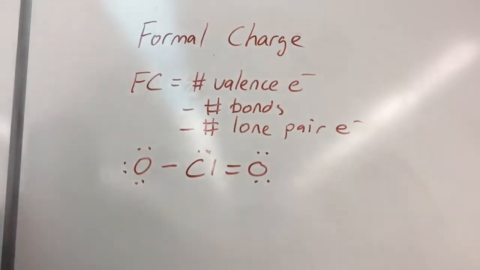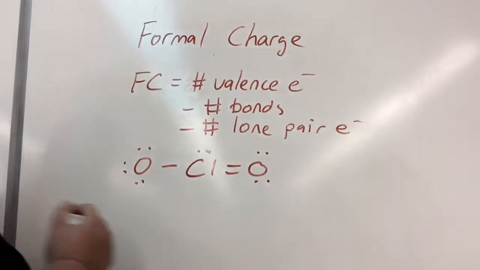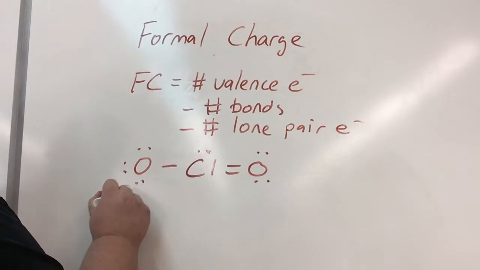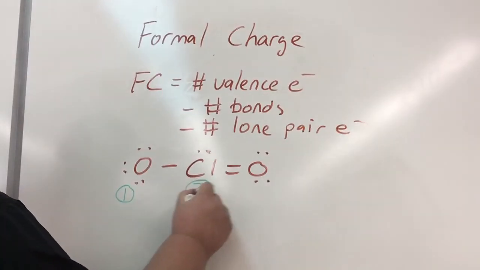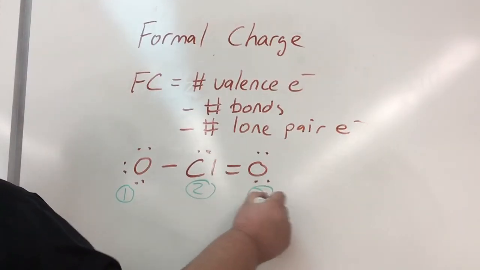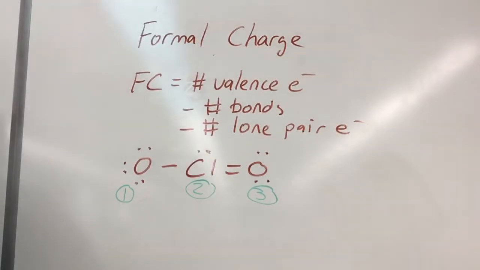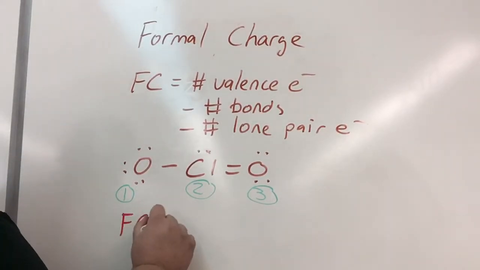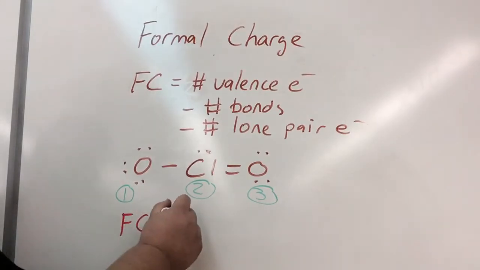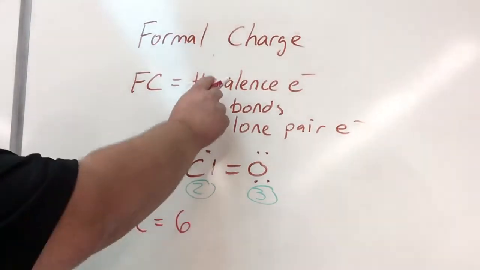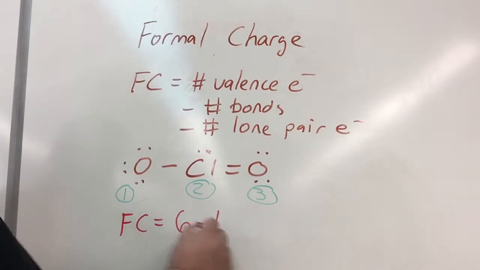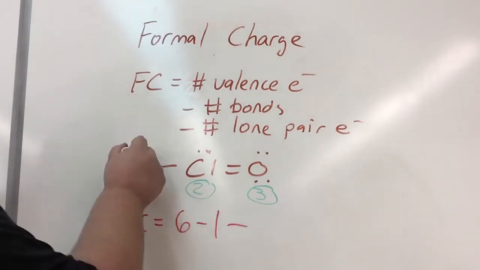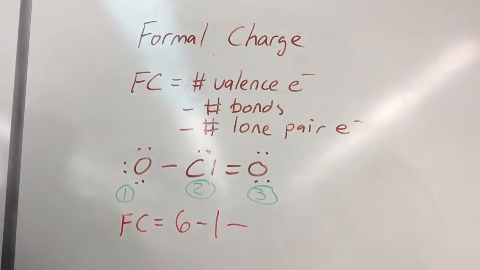So formal charge has meaning only for specific atoms. So let's look at the formal charge of this one, and this one. So the formal charge for the oxygen will be as follows. Oxygen has 6 valence electrons, that's the first part, minus 1 bond, right there, minus 6 lone pair electrons, 1, 2, 3, 4, 5, 6.